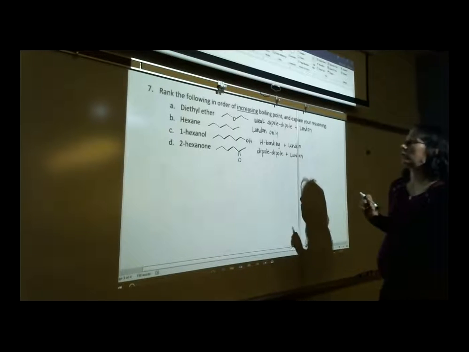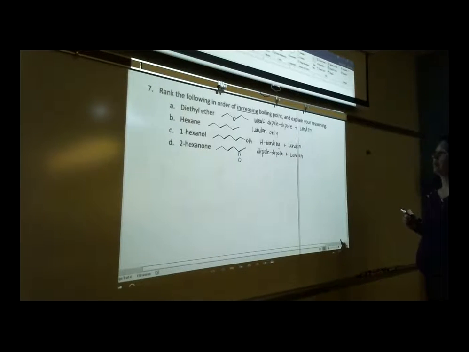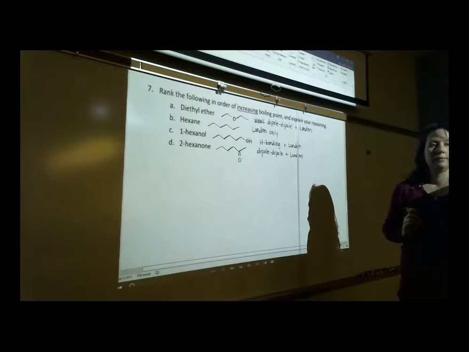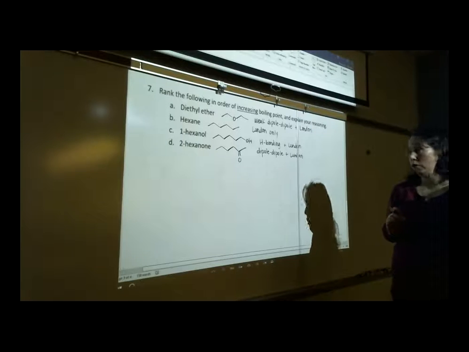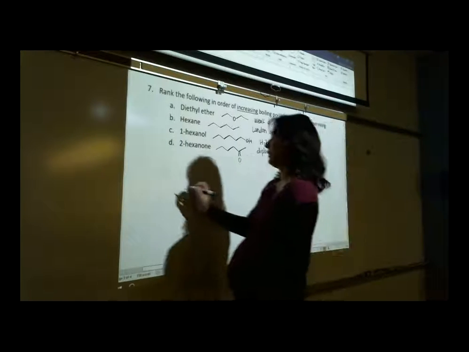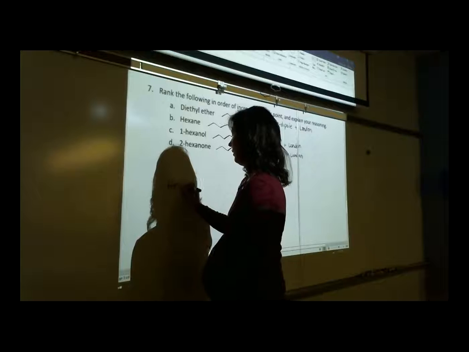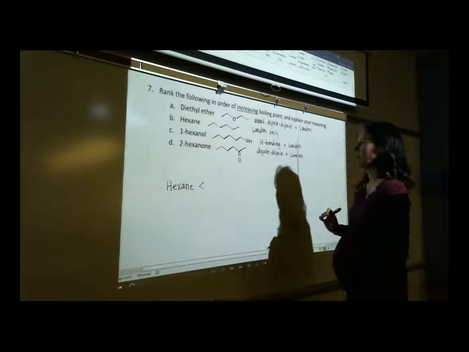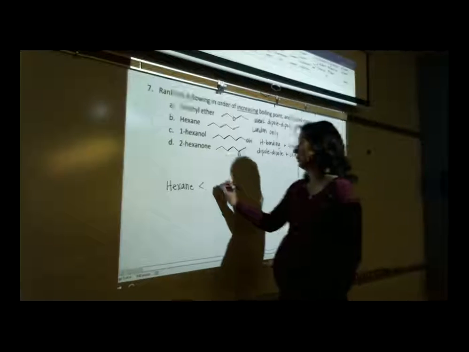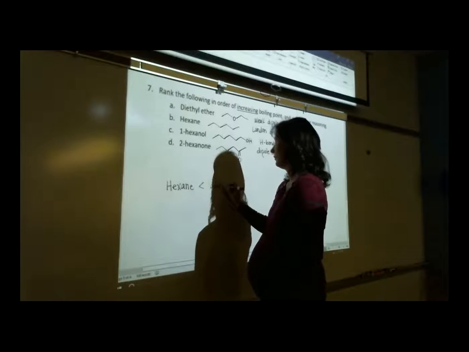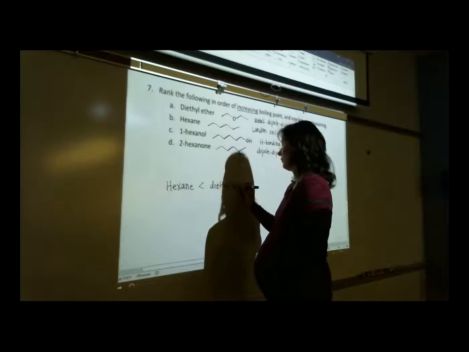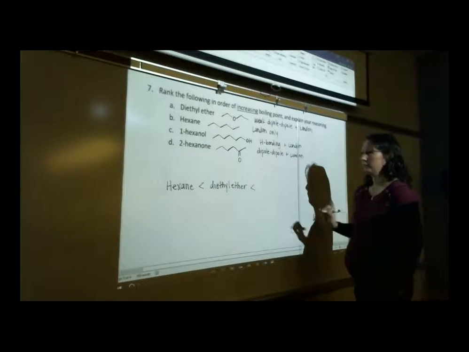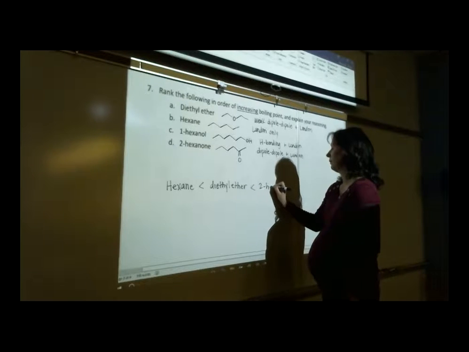So now we're putting these in order of increasing boiling point. So that means which one goes first? The lowest boiling point, right. So that means hexane is less than what? Who's next? Diethyl ether. Which is less than 2 hexanone.